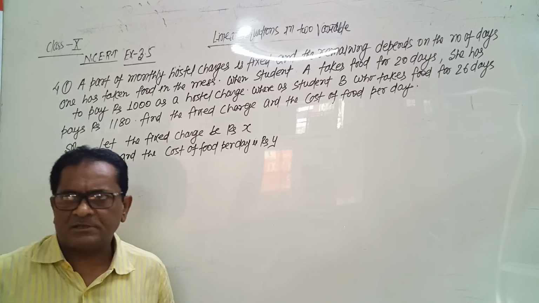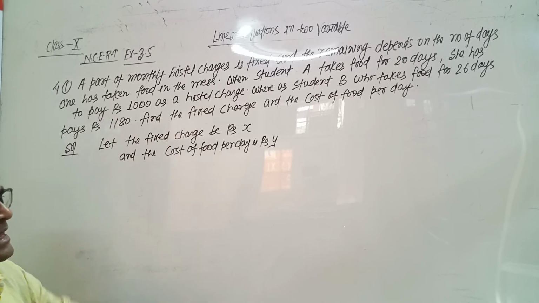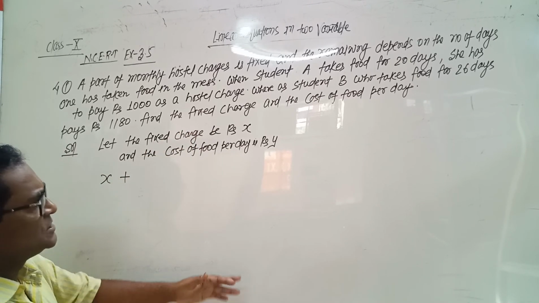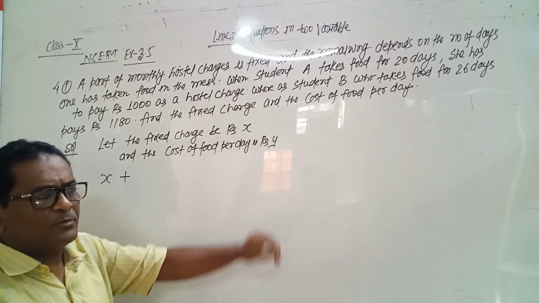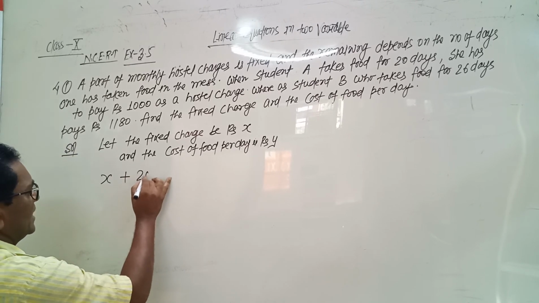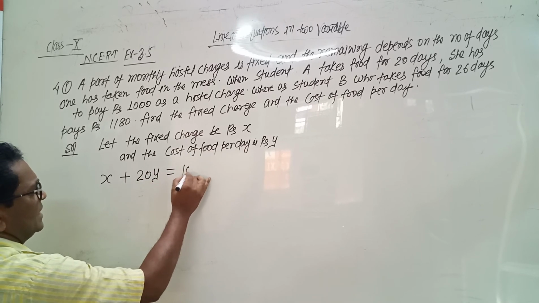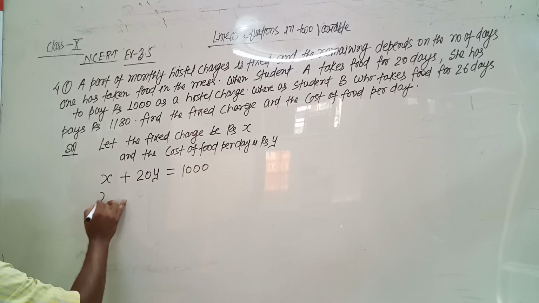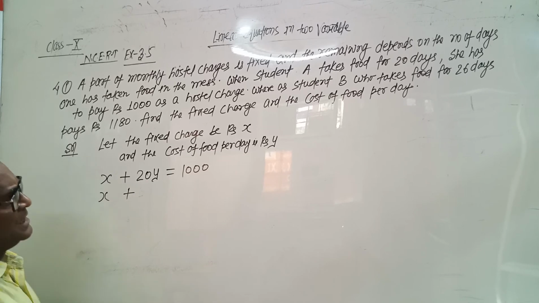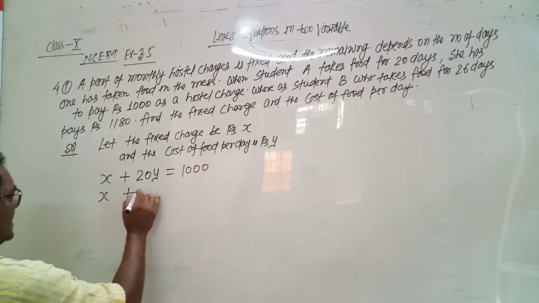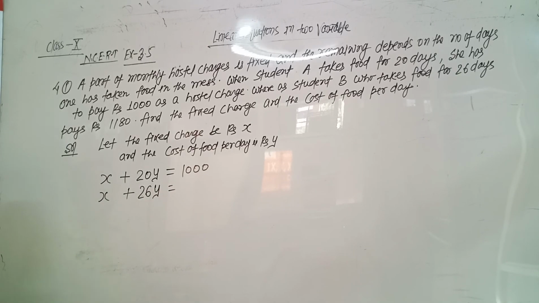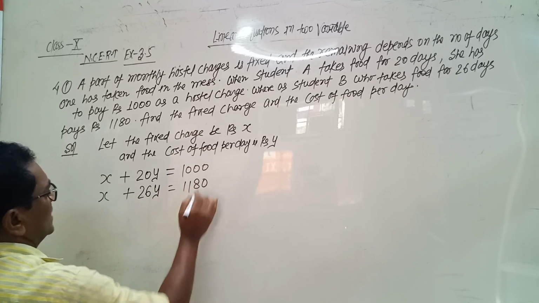A took food for 20 days and paid 1000 rupees. For A the fixed charge is X and the cost of 1 day of food is Y rupees, so the cost of taking food for 20 days is 20Y and total paid rupees 1000. For B, the fixed charge would remain same and he takes food for 26 days. So the food taken for 26 days and its cost is 26Y and we pay rupees 1180.